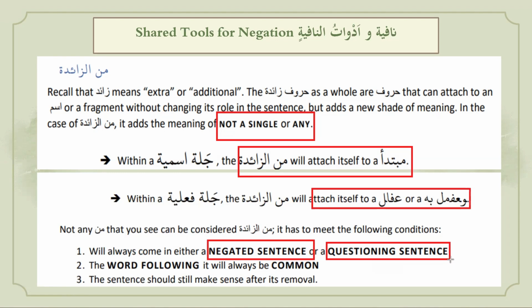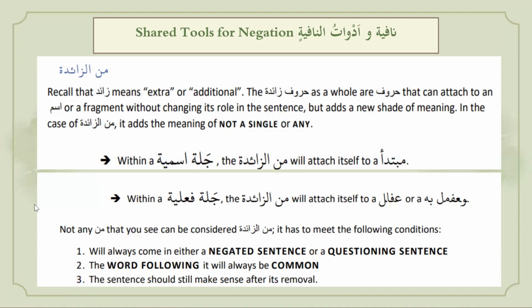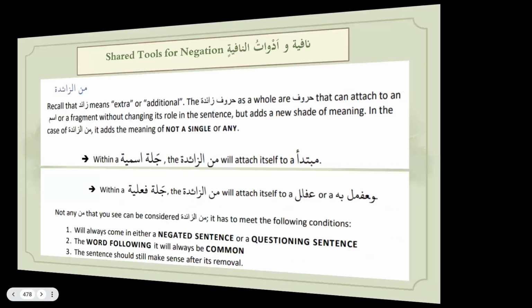Second, the ism following harf jar min will always be common. Third, if you remove min, the sentence should still make sense after its removal. So these are the three conditions for min zaida in a sentence.